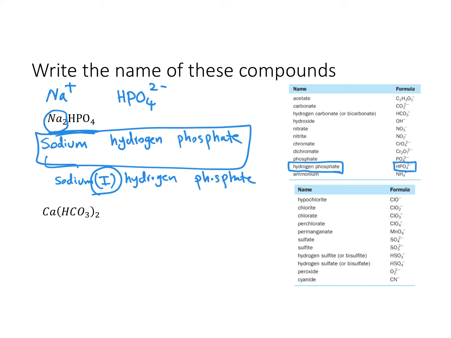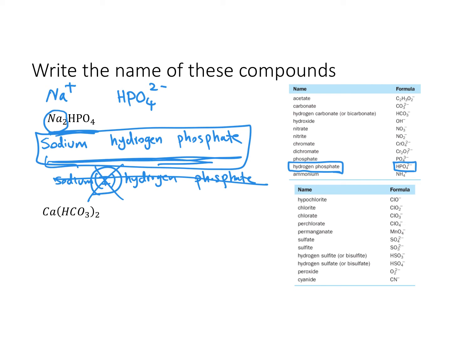We don't need to, right? As I mentioned, if I have just 1 Mike in the class, I don't have to tell their last name because it's just 1, right? So if you just write sodium hydrogen phosphate, that is enough because sodium only has 1 type of charge. So if you write sodium 1, that would be wrong.